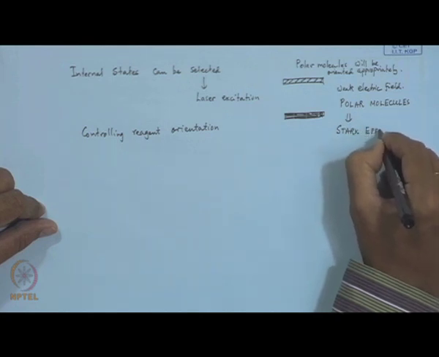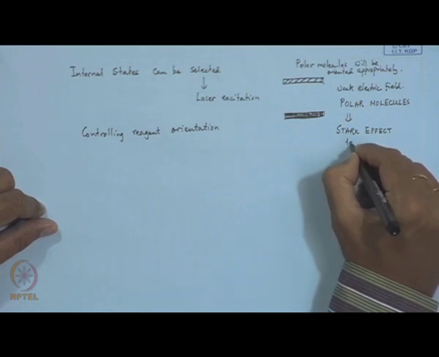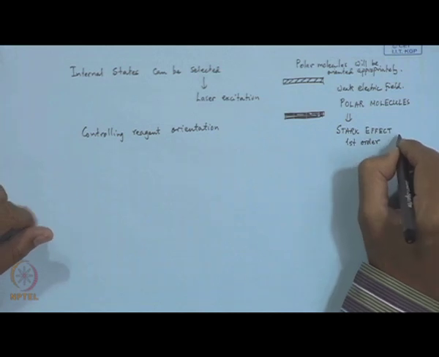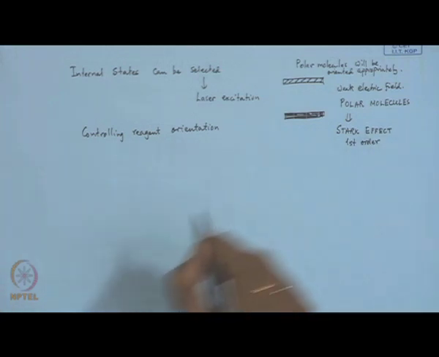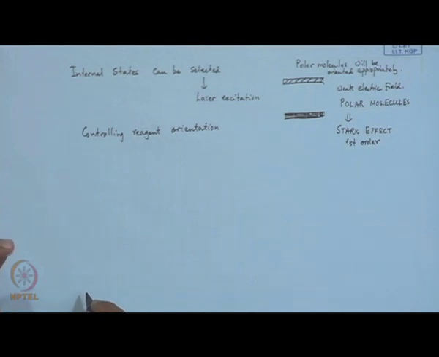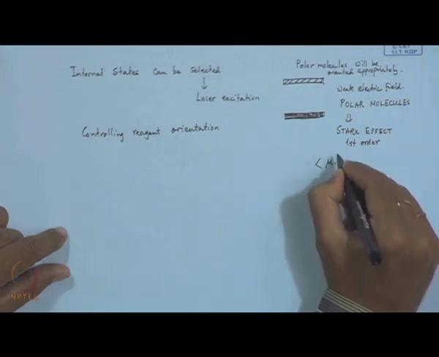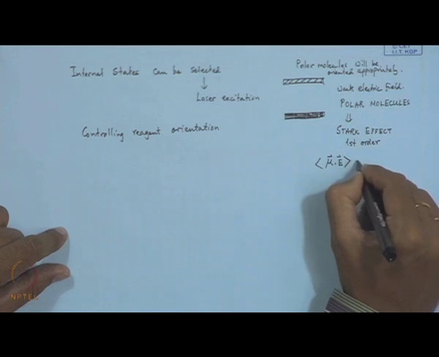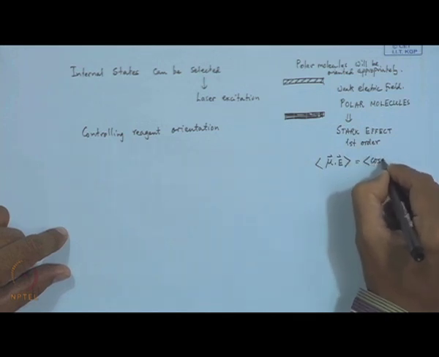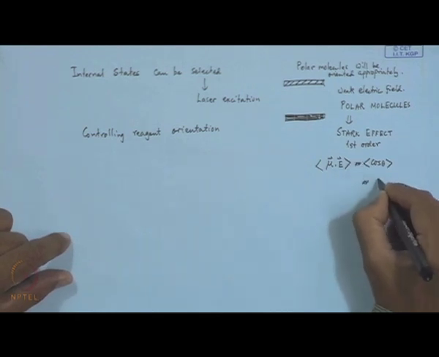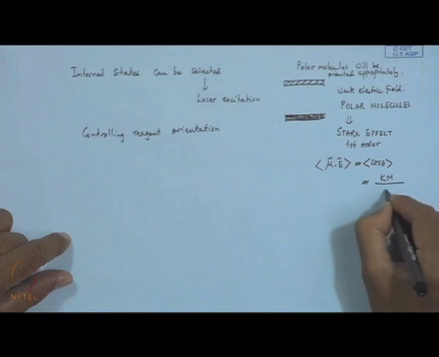First order Stark effect. The average angle between the field and the dipole moment is basically mu dot E, cosine theta average, which goes as KM divided by J into J plus 1.